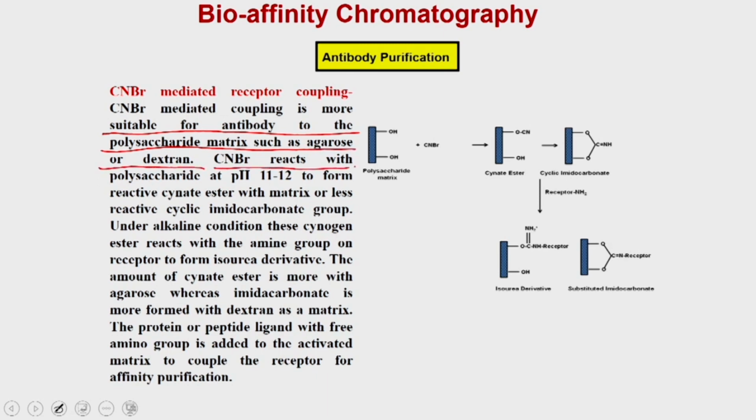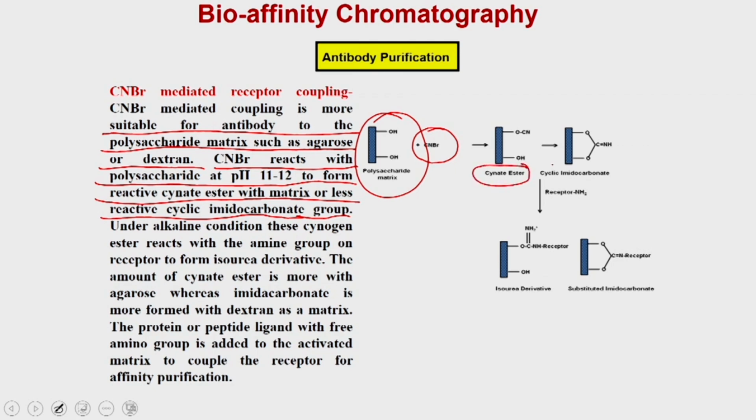CNBR reacts with the polysaccharides at pH 11 to 12 to form a reactive cyanate ester with the matrix or a less reactive cyclic imidocarbonate group, which means if you take cyanogen bromide and react it with the polysaccharides, it is going to generate two materials: the cyanate ester and the cyclic imidocarbonate.